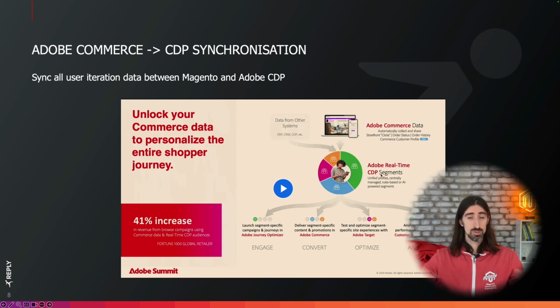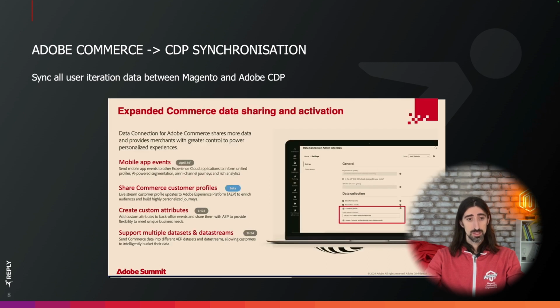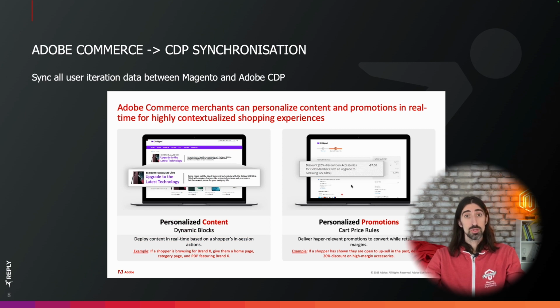So it's separating the users into different segments depending on what they are working on or what they are doing. And then you can do different stuff with it. Currently it's available only in beta, sharing Commerce customer profiles. More stuff will come in the future.